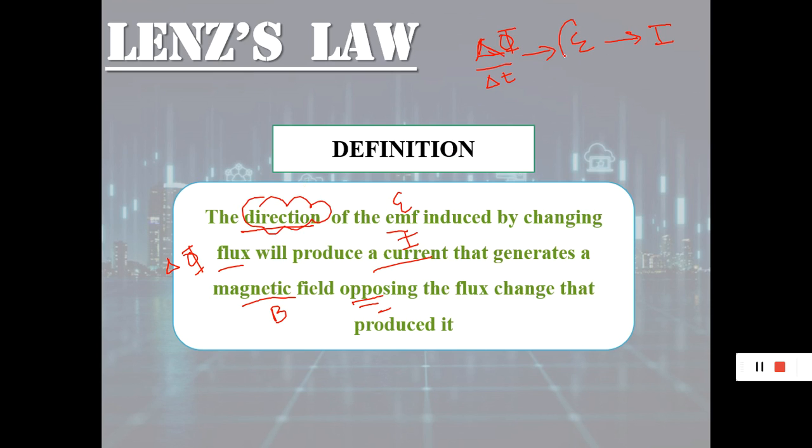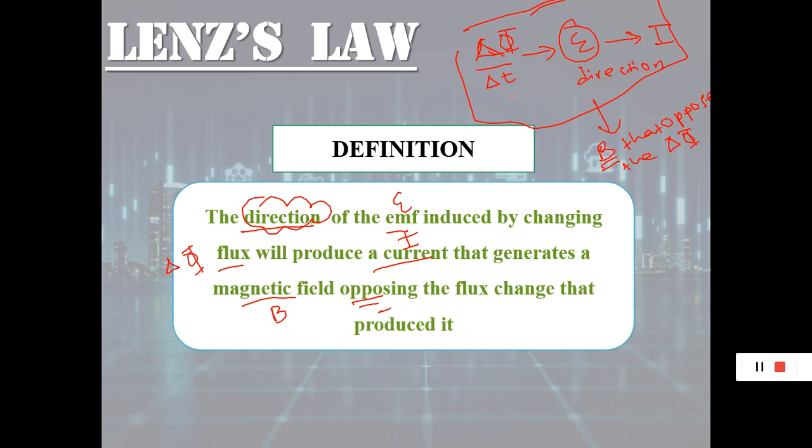The direction of the EMF induced by changing the flux will produce a current, and this situation will generate B that opposes the change in flux.